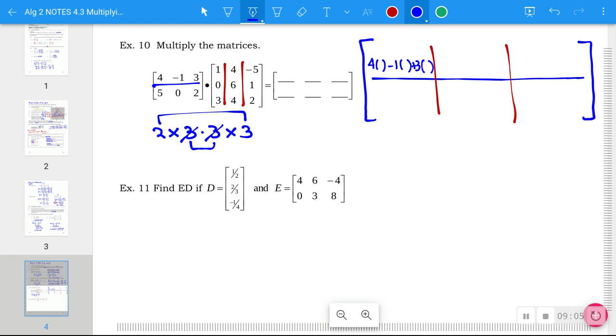And then the next, I'm going to do that one all the way across here. And one more. Okay, across the bottom, 5, 0, 2.